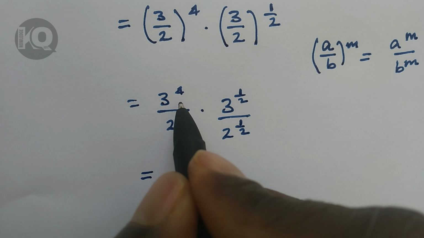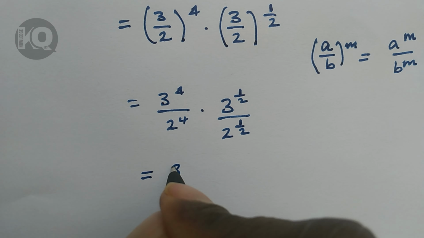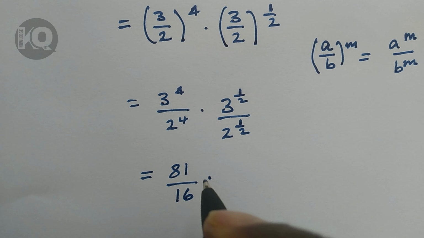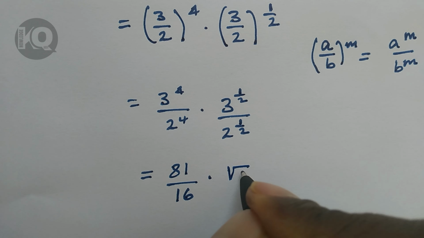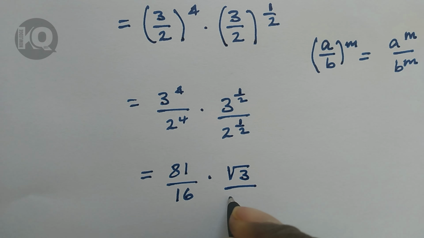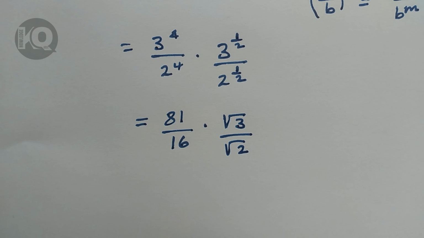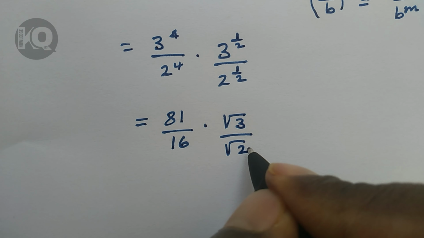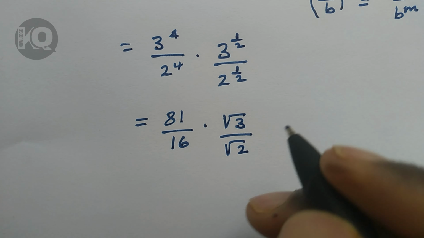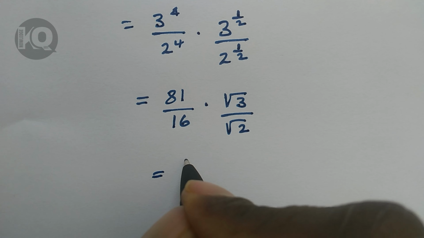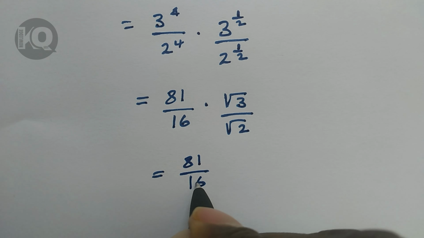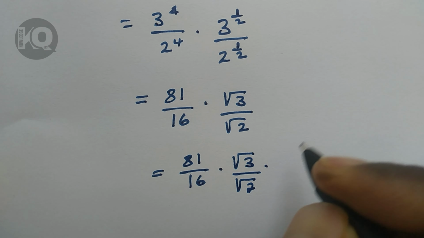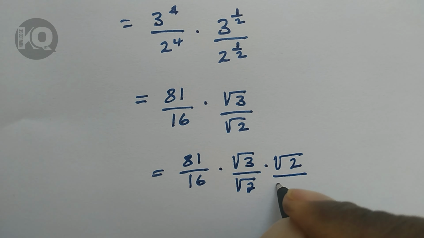Now this 3 to the power of 4 is equivalent to 81, over 2 to the power of 4 is 16, times this will be root 3 divided by root 2. Now let's rationalize this denominator, that's root 2, by multiplying by root 2 over root 2, which is 81 divided by 16 times root 3 divided by root 2 times root 2 divided by root 2.